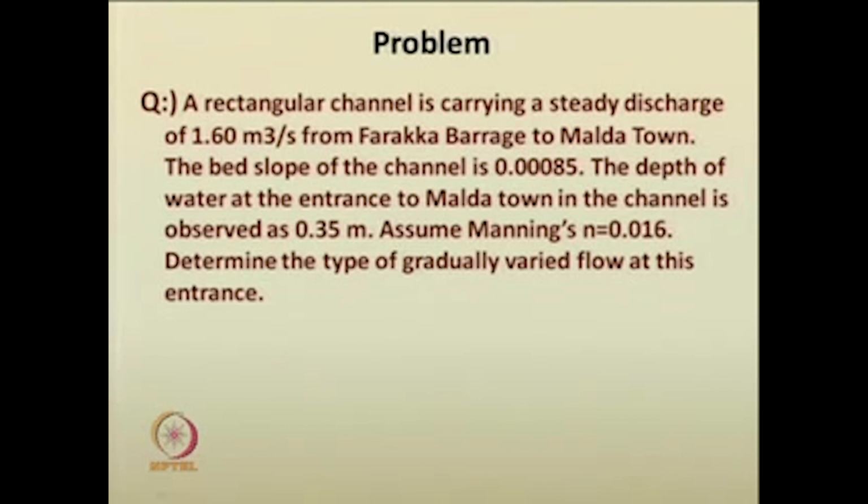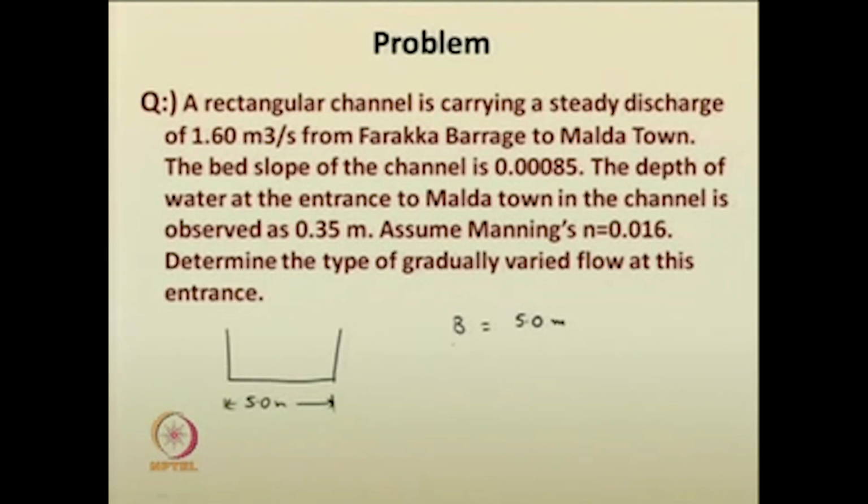So, you take all the details from the question. You can see that this is a rectangular channel of width 5 meters. This is given to you, and so I can write this as B is equal to 5 meters.